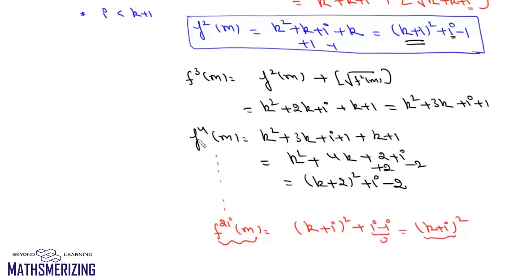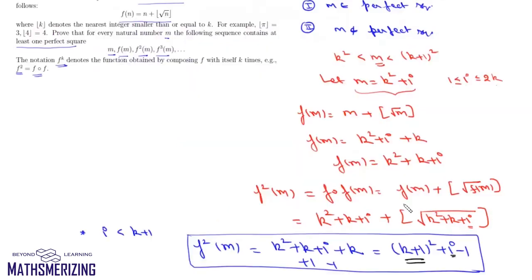If we choose i as 2, then f to the power 4 m will be a perfect square. And if we choose any general i, then f to the power 2i will be a perfect square. In the same way, we can repeat the analysis when i is greater than k plus 1. So from here, we can say that for every natural number m, the following sequence contains at least one perfect square. And this is how we solve this question.